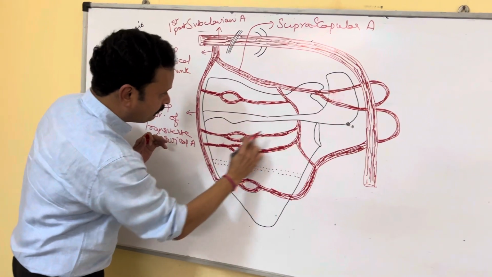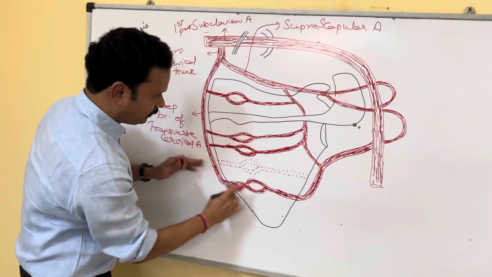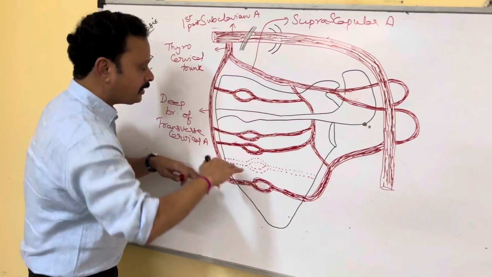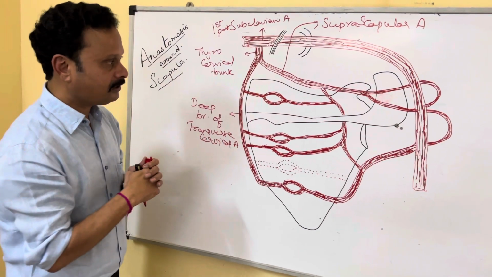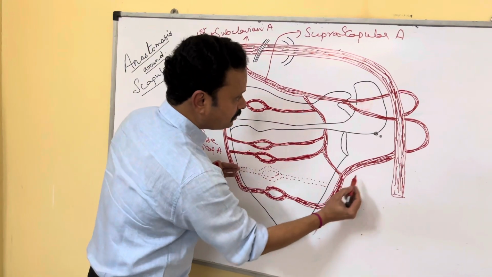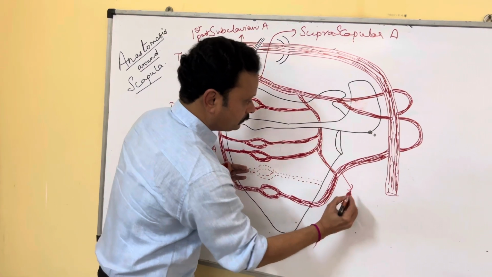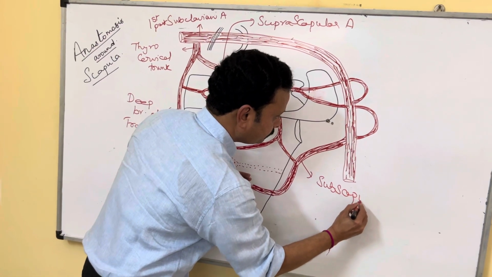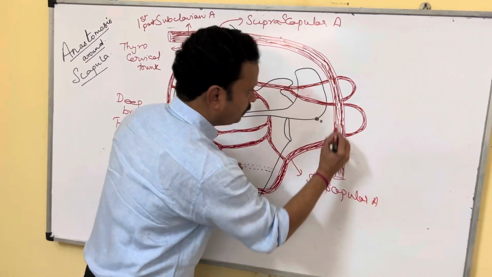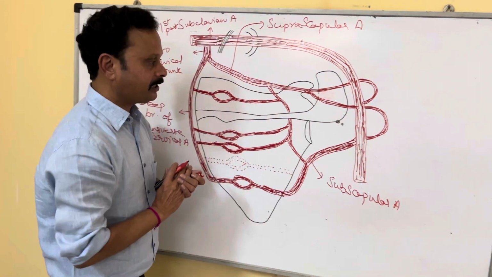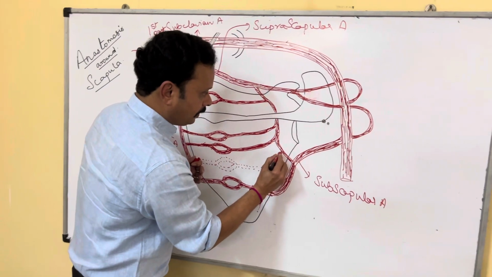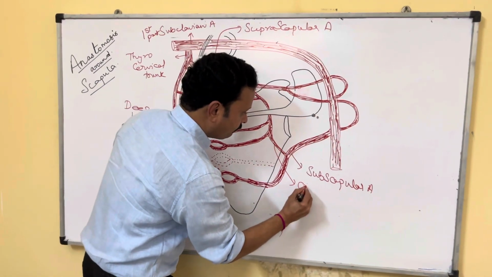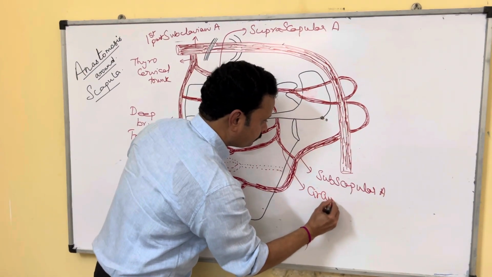in the infraspinous fossa, and even in the subscapular fossa, and they anastomose with the subscapular artery, that is the third part of the axillary artery, and this is the circumflex scapular artery.